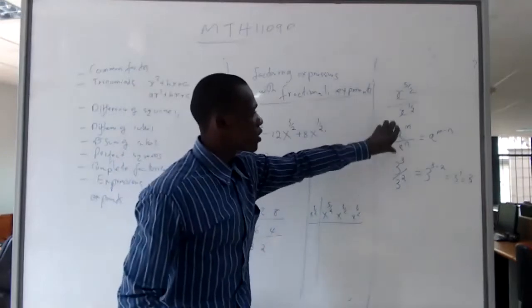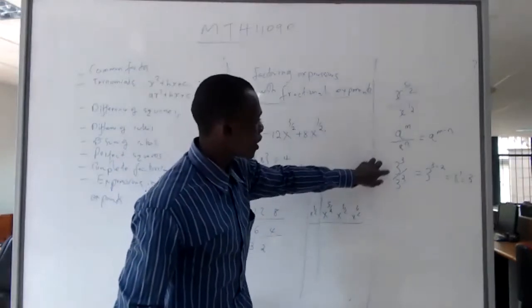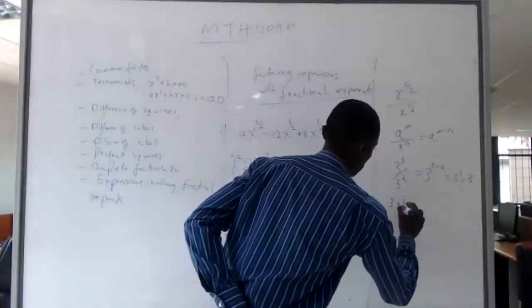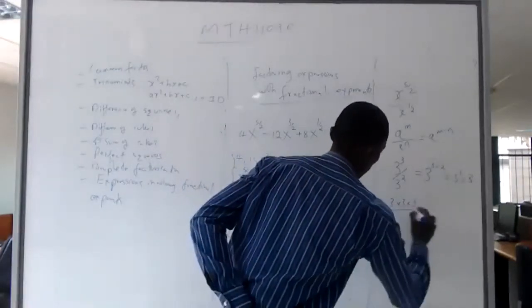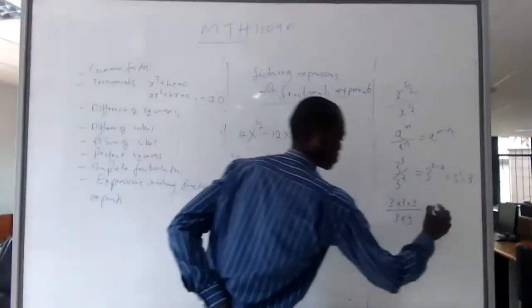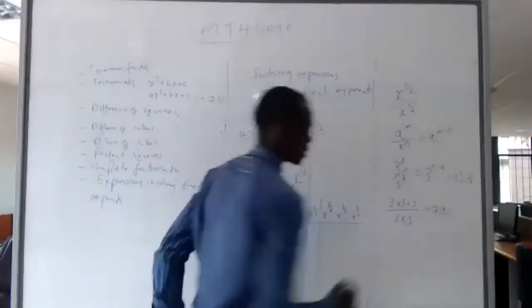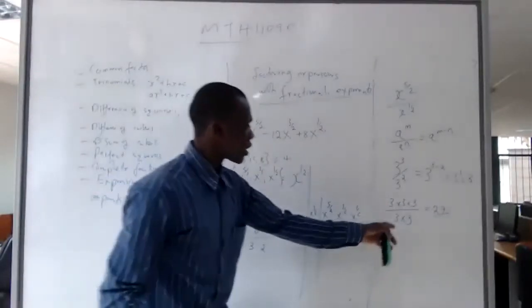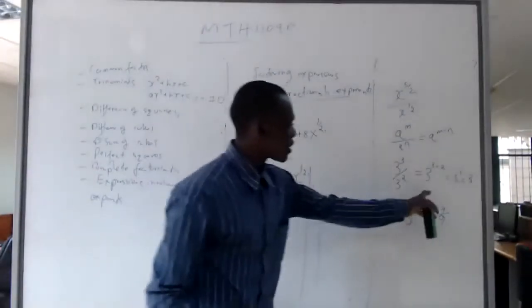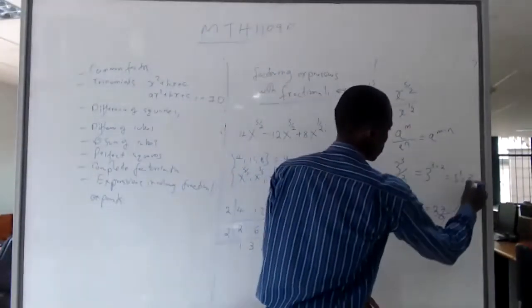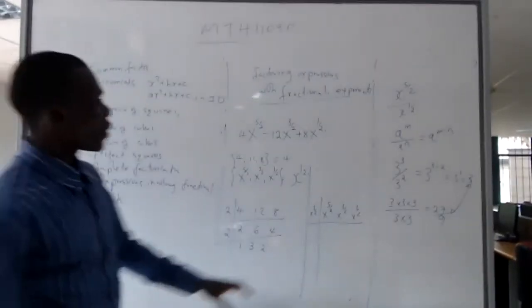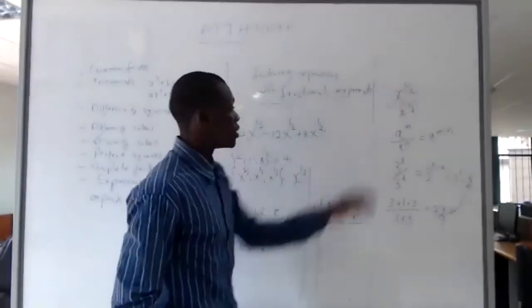Assuming you did not know this law, you compute 3 cubed, which is 3 times 3 times 3, that is 27, divided by 3 squared, which is 9. When you divide 27 by 9, you get 3.